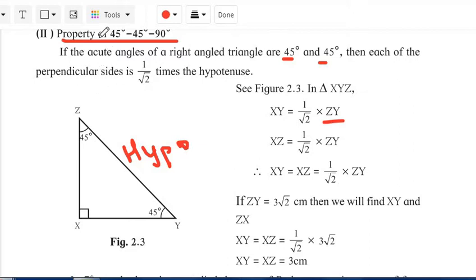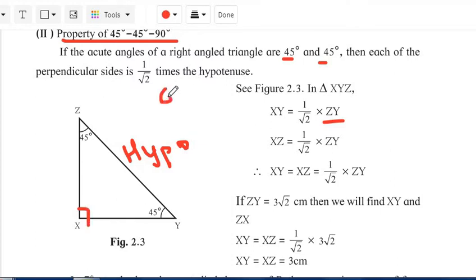How to prove this 45, 45, 90 theorem? First we have to write the given. What is given? In right angle triangle XYZ, angle X is equal to 90 degrees.